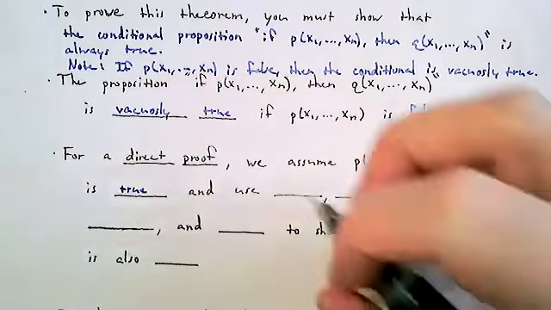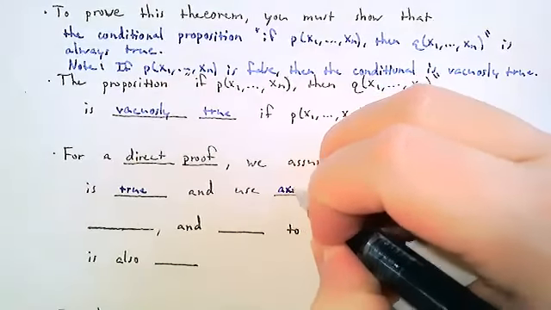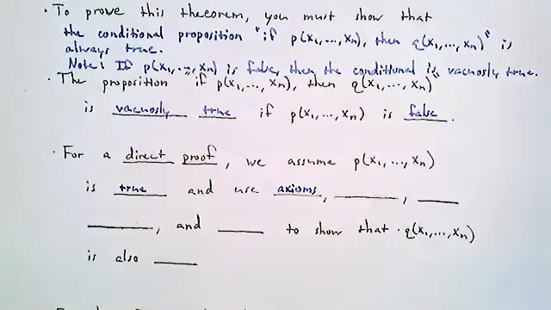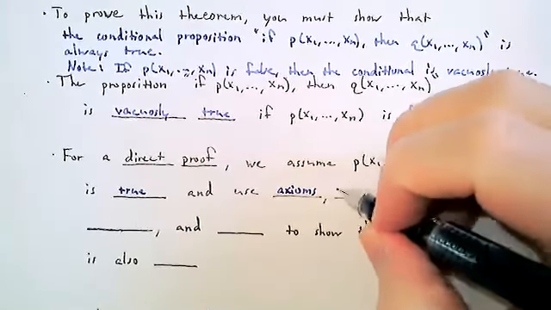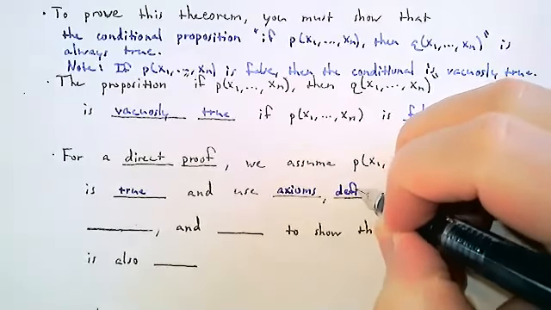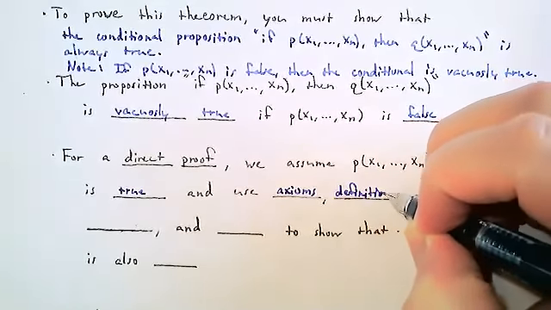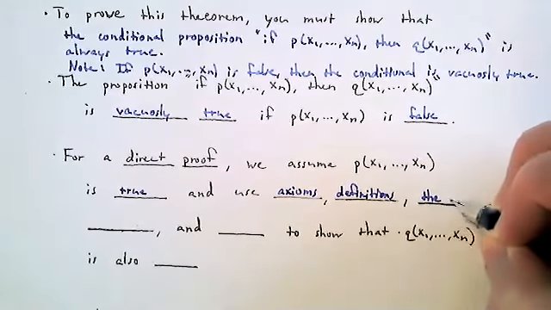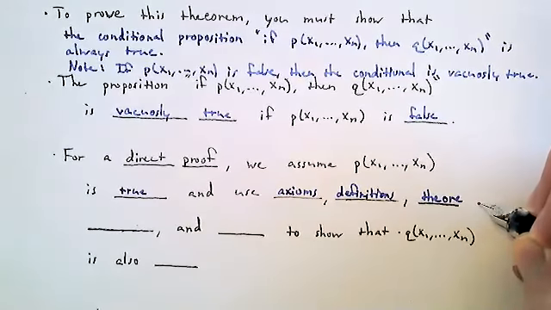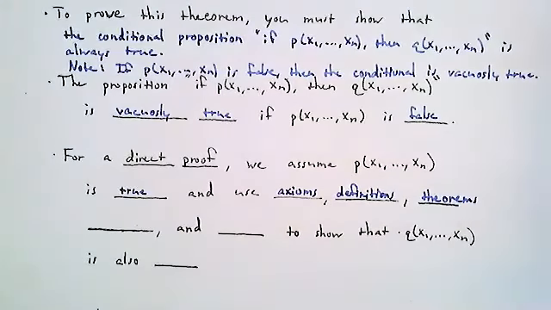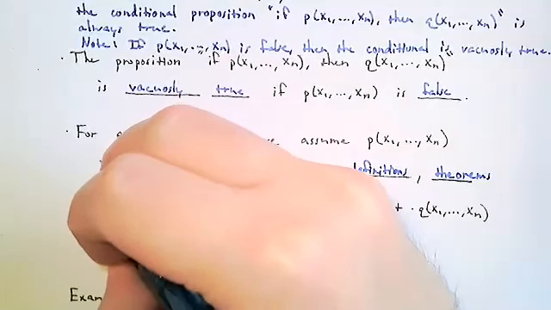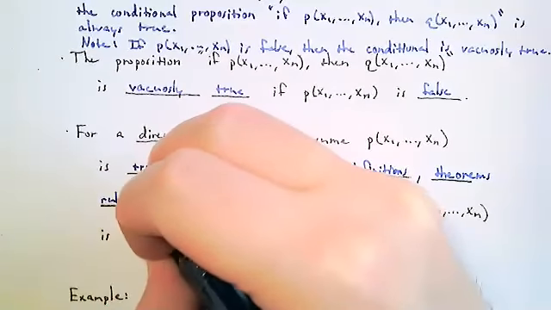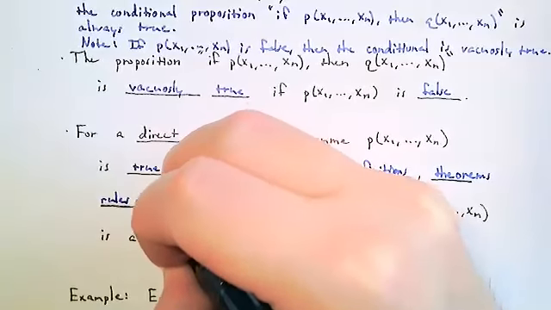And then we use things like axioms, definitions, theorems, so the things that we were talking about earlier, combined with things like rules of inference that we've learned about, or just logic in general.